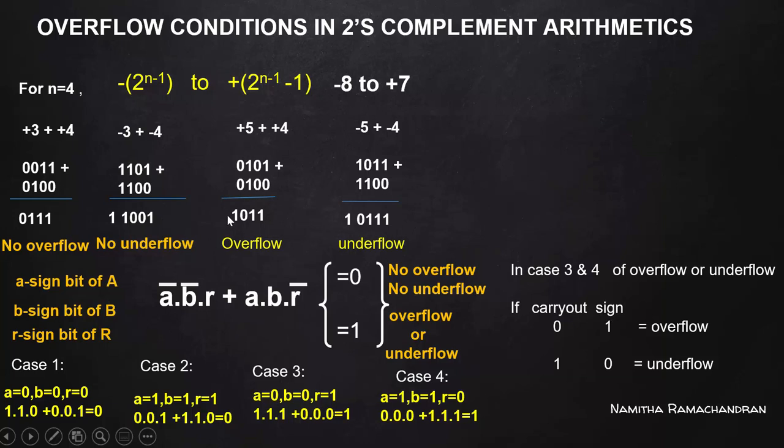Here we have no carry out and the sign bit is 1, so that is 0, 1. The carry out and sign bit combination 0, 1, as in this case, indicates an overflow. And the carry out is 1 with sign bit 0 indicates an underflow, like this in case 4.